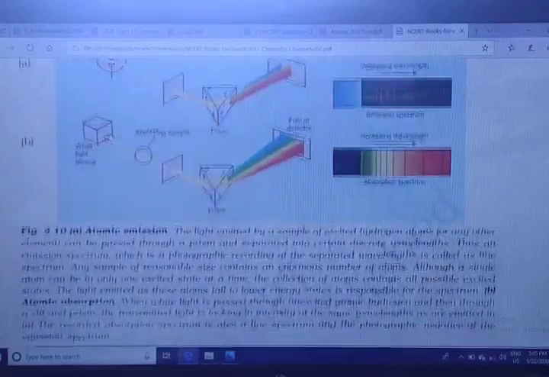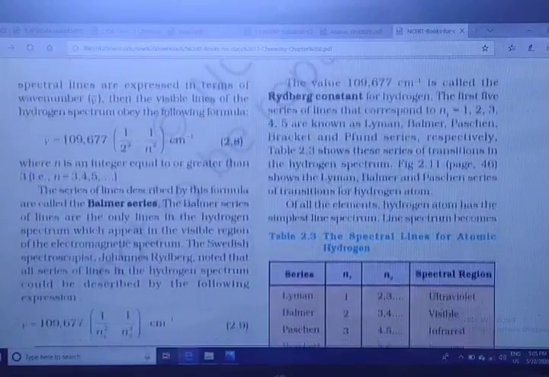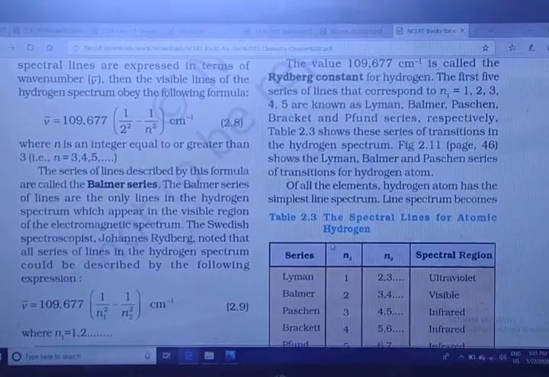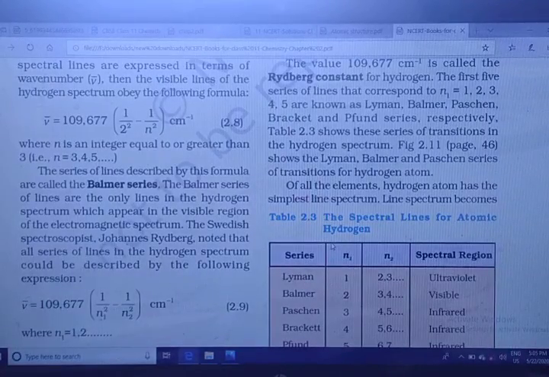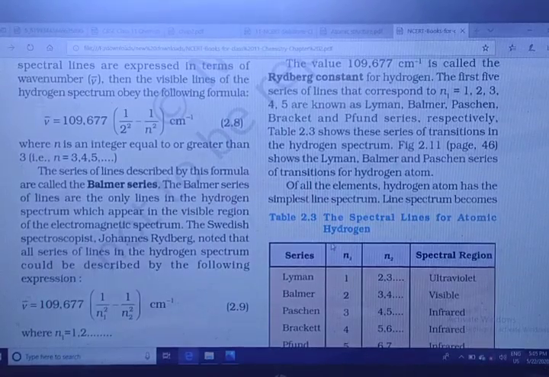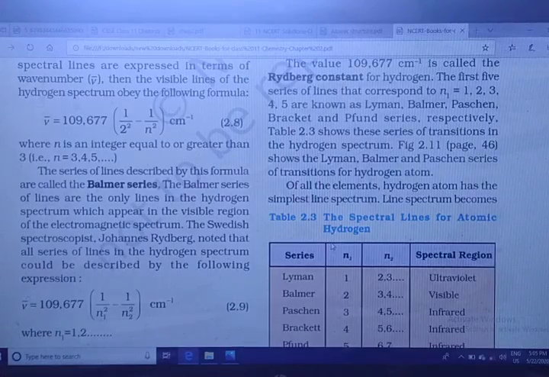So after getting this information, now we are moving towards the Balmer series. Here, wave number is equal to 109677 into 1 upon 2 square minus 1 upon n square, where n is equal to 3 onwards. Remember, this means when the line will fall in the second series. As I have already told you about the energy levels, first energy level, second energy level, third, fourth, fifth energy level.